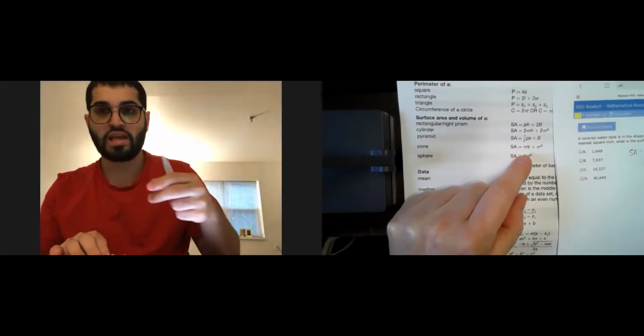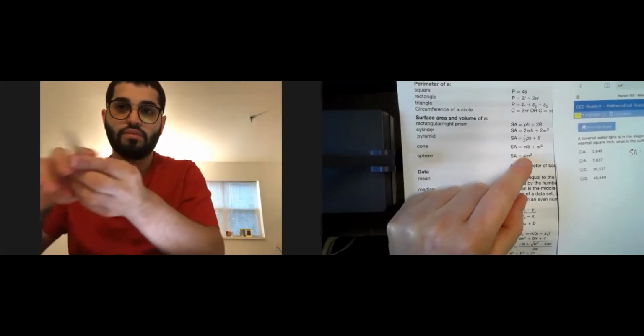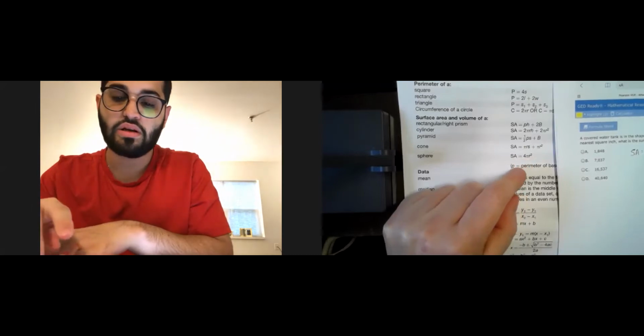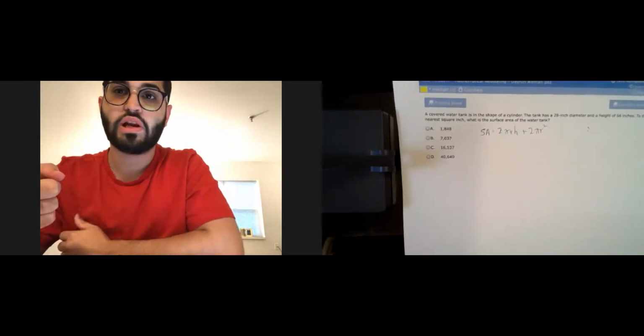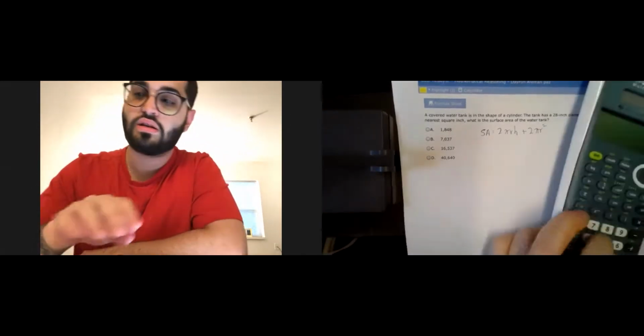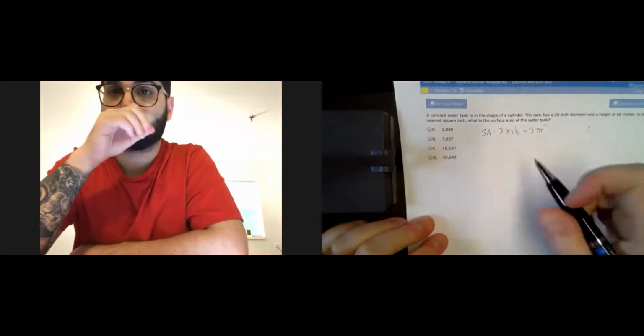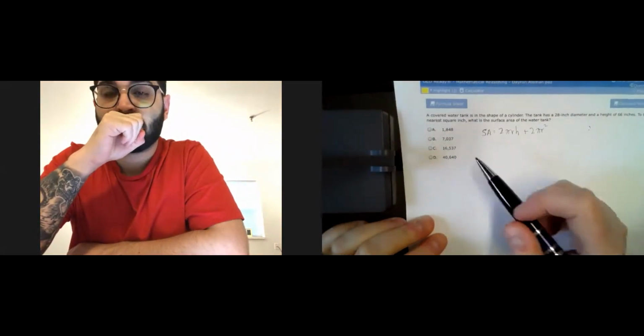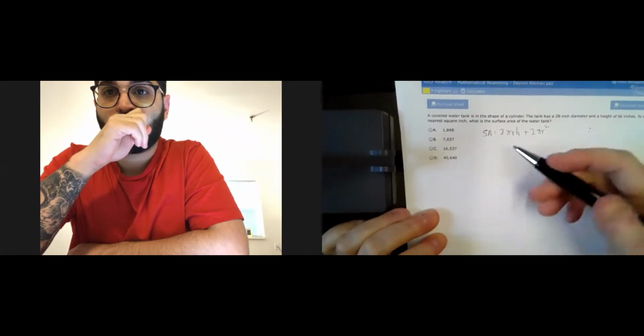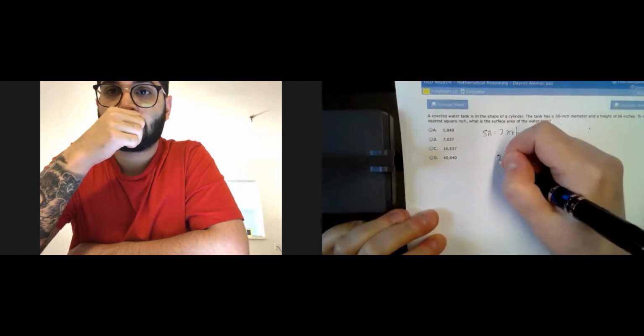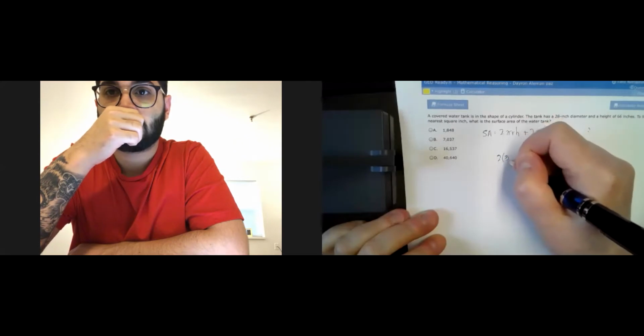That gave me the answer B, but just another way, because I tried to do it with that formula, but I didn't get to the point. It was giving me the right answer. Okay, let's see if we can do this. So we're looking for the surface area. We know that pi is 3.14.